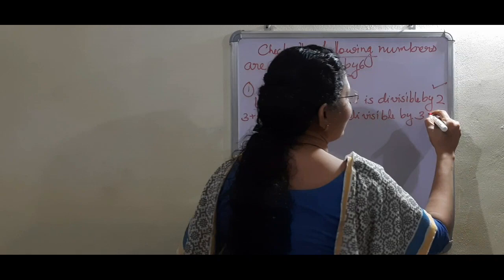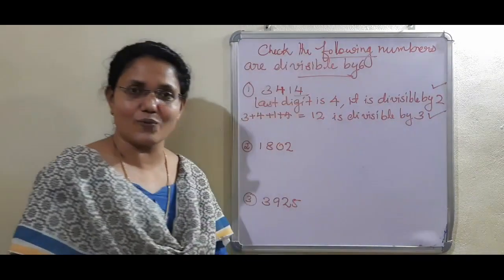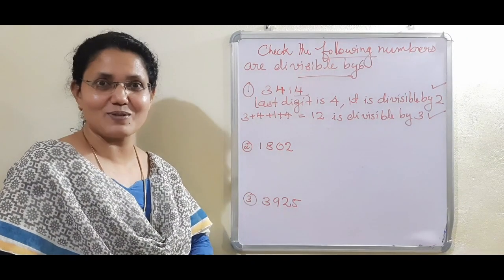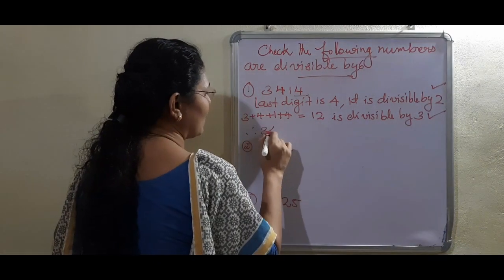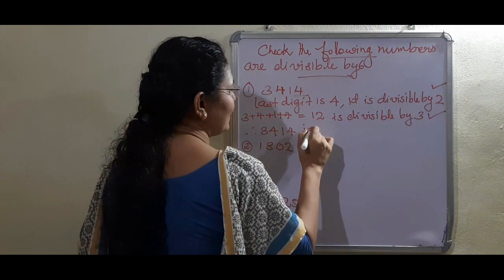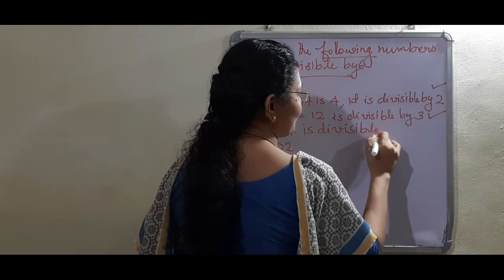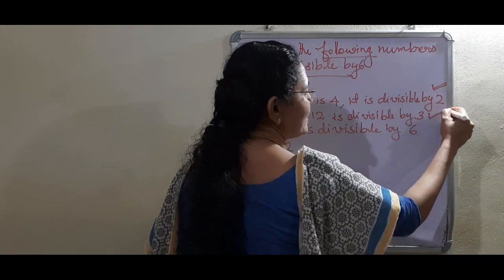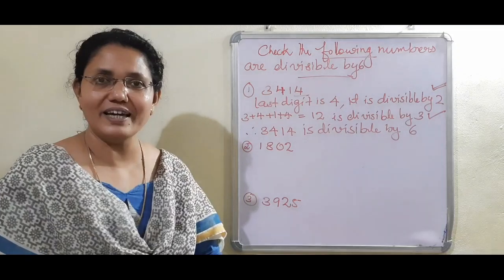Now you look here, it is divisible by 2 and it is divisible by 3 also. If it is divisible by both 2 and 3, the number is divisible by 6. Therefore, 3414 is divisible by 6. The number is divisible by 2 and also by 3. That is why the number is divisible by 6.